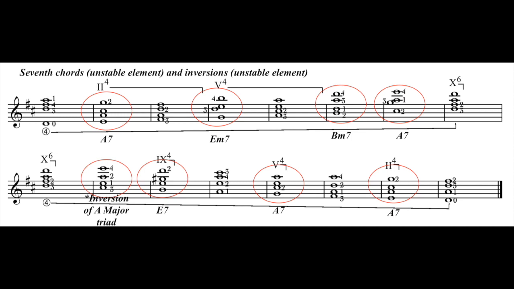Then we go to the 4th degree, we have a 7th chord there. So that's unstable, and then that resolves to the stable major chord in root position. Here we have a 7th chord again on the 6th degree. And then the 7th degree also is unstable with a dominant 7th chord, and then we resolve.